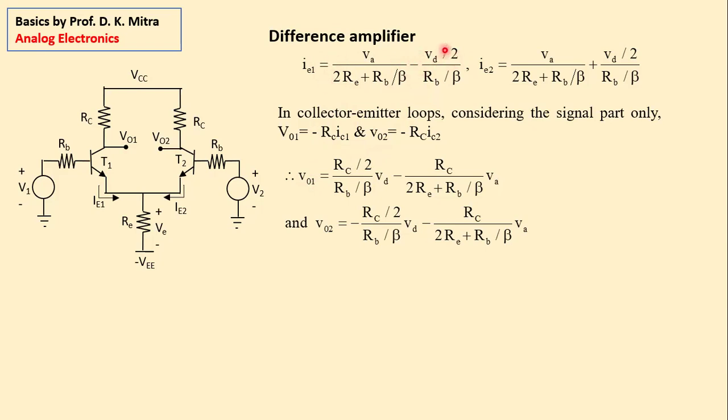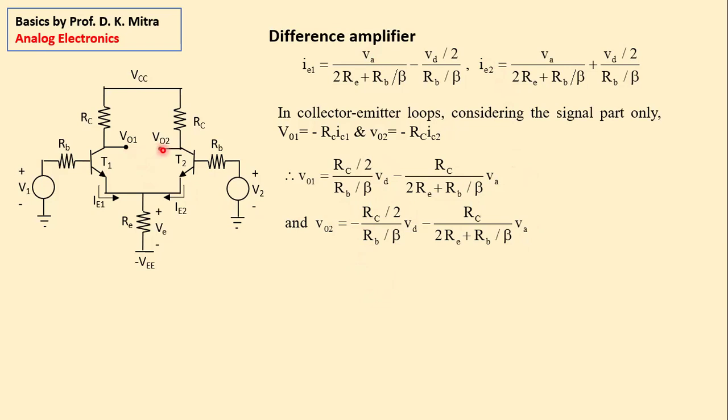So this becomes RC by 2 multiplied by VD, whole divided by RB by beta. And there is a minus sign here, this becomes RC divided by 2RE plus RB by beta into this VA. Similarly, VO2 is the same equation, only this part becomes negative. So we know VO1 and VO2.